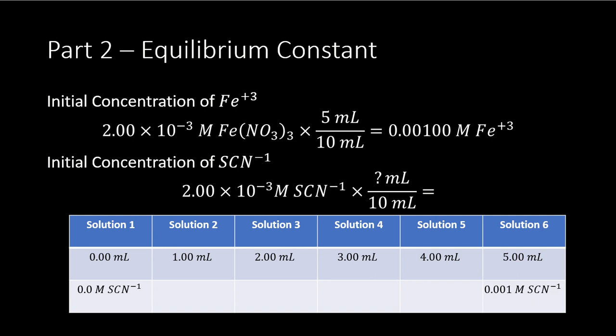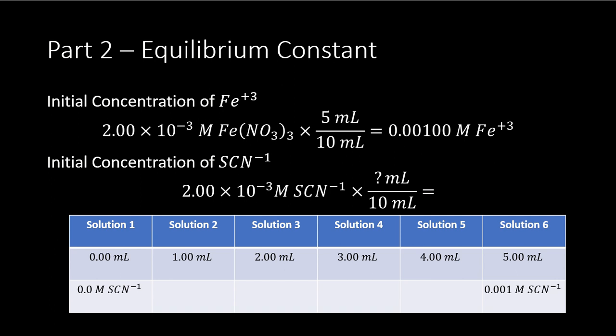We will take 5 milliliters of that and dilute it to a volume of 10 milliliters in each of these solutions, which gets us an initial concentration of iron 3 plus cation of 0.001 molar, and the initial concentration of thiocyanate anion in part 2 will range with whatever volume we take of our 2 times 10 to the negative third molar thiocyanate stock solution.